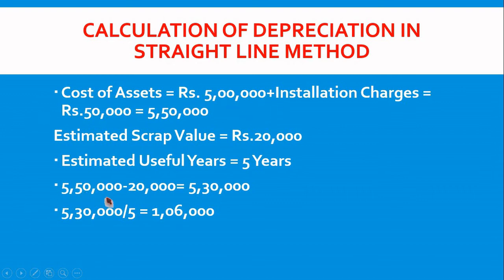So 5,50,000 minus 20,000 equals 5,30,000. 5,30,000 divided by 5 equals 1,06,000, which is the depreciation. This is uniform for every year of the 5 years. You need to pass 5 entries for 5 years. So 1,06,000 is the annual depreciation.